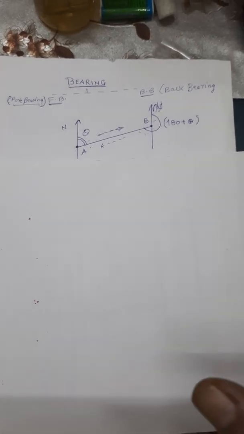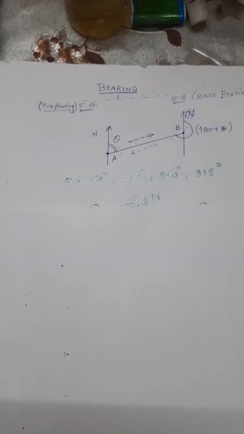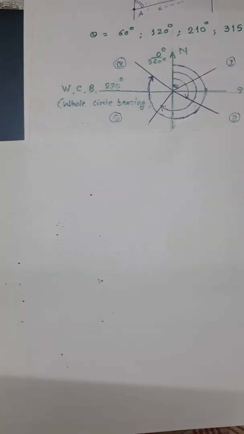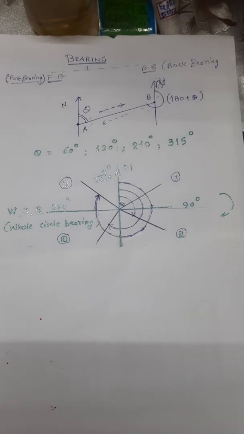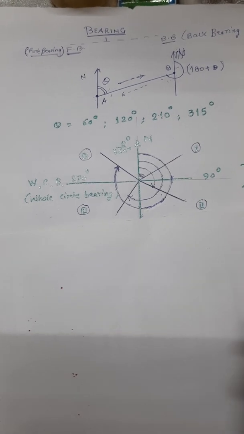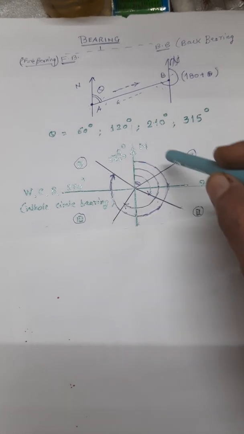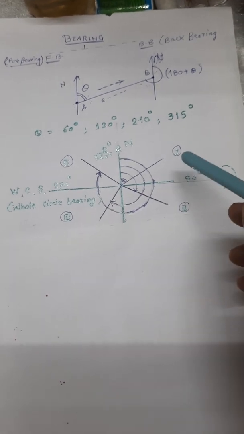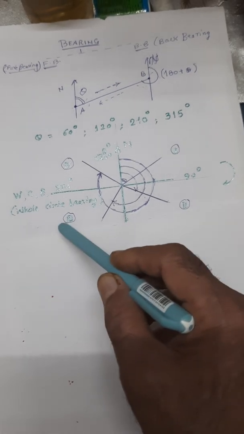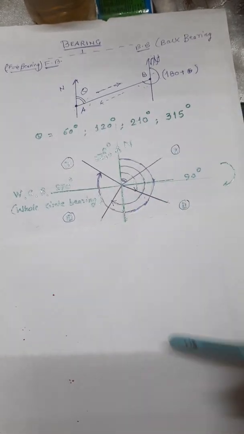So now, first of all, we have to see one process in which we calculate the direct angles like this, which are taken from the north and measured clockwise like this, having 4 quadrants: quadrant number 1, quadrant number 2, quadrant number 3, and quadrant number 4.